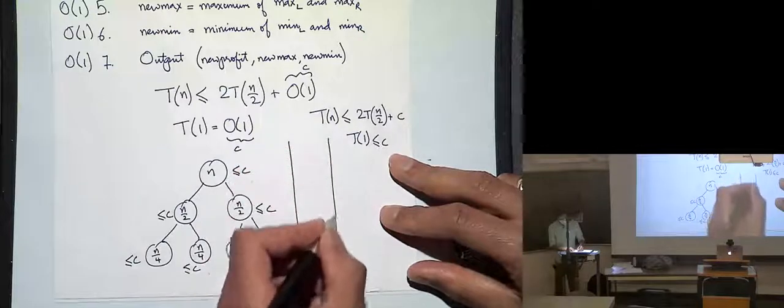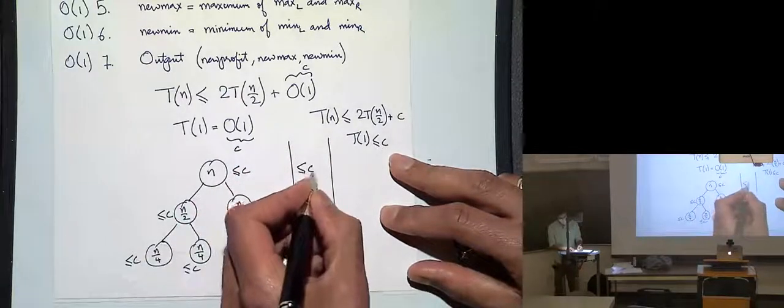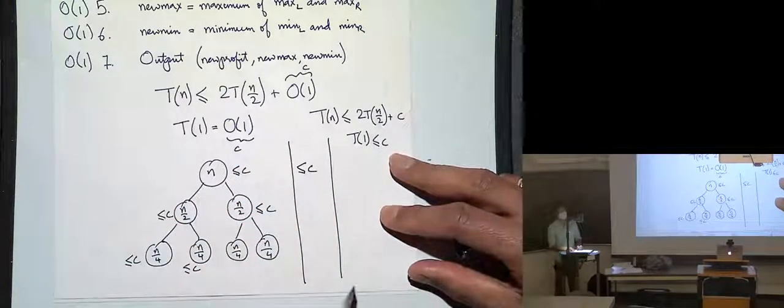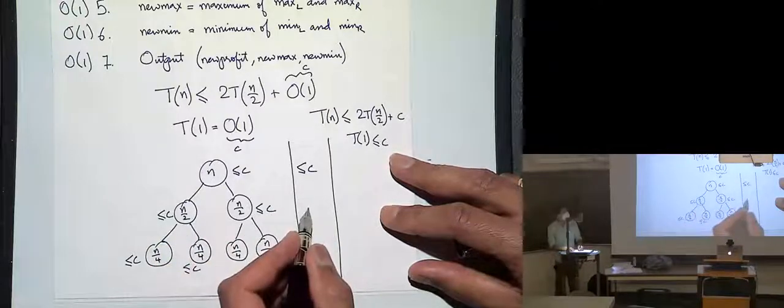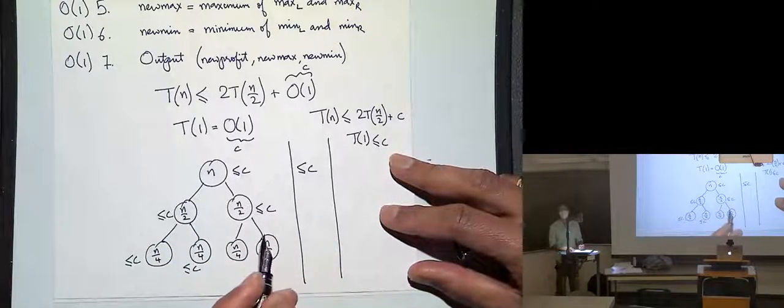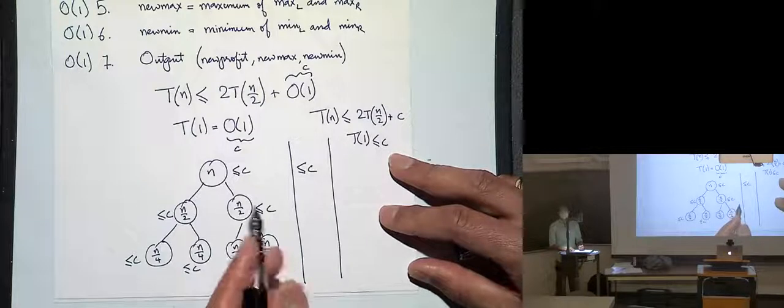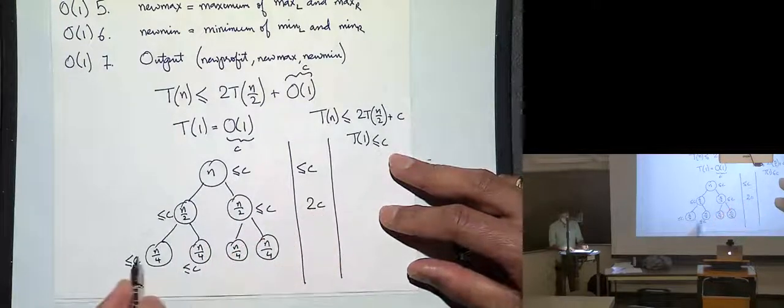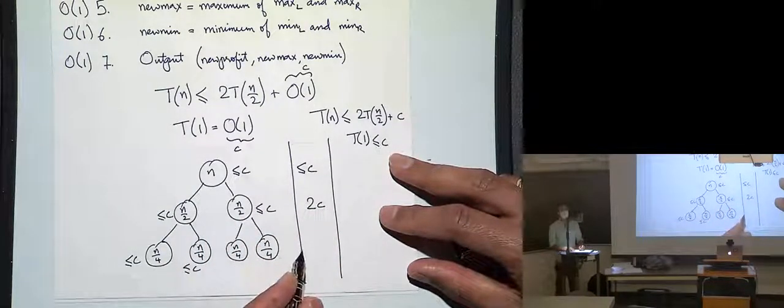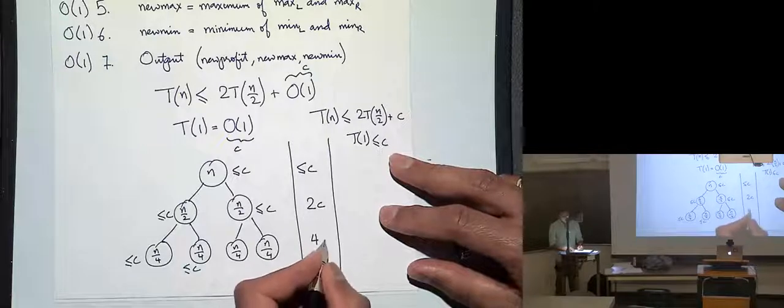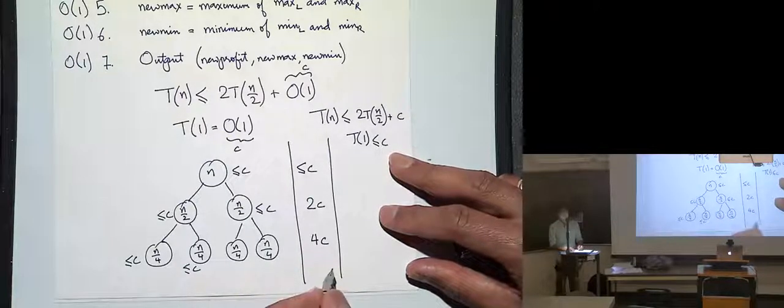Okay, now let's do the total. This is at most C. I'll just write the upper bound. What is the upper bound here? 2 times C. Here? 4 times C. What is it going to be in the next level? 8 times C.